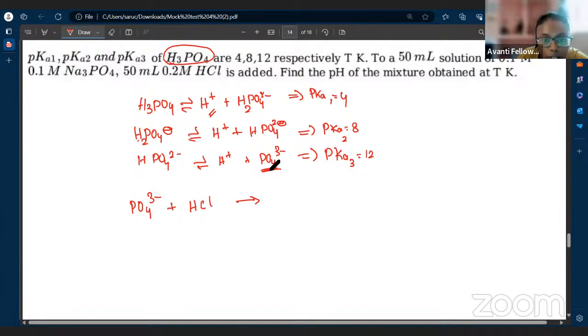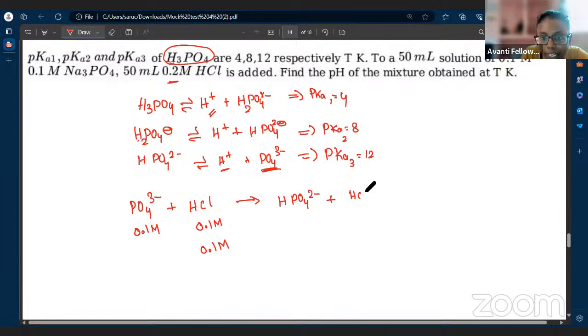If you add 0.1 M HCl, the number of moles is going to be equal, and you will get HPO4 2 minus. What is given in the question is 0.2 M, which means you are adding one more 0.1 M HCl.